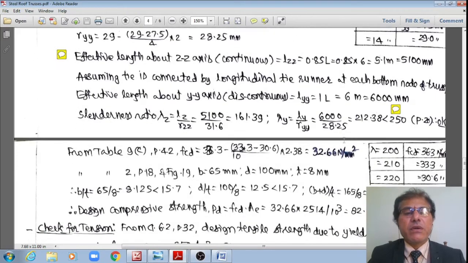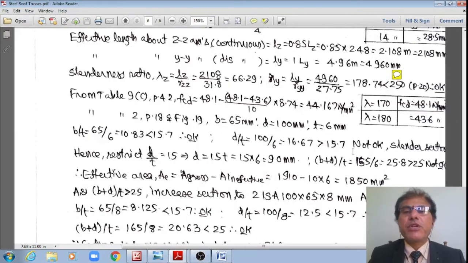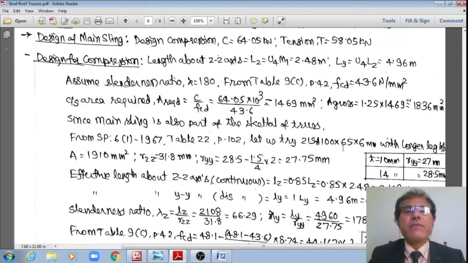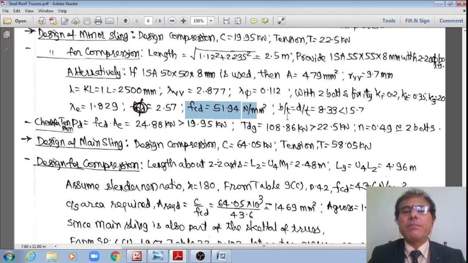For lambda equal to 200 and 210 from that table, I have interpolated for the required value of 212. Like that, now you can interpolate. Upon interpolation, I'm getting this result as, say, 51.94 Newton per mm square.